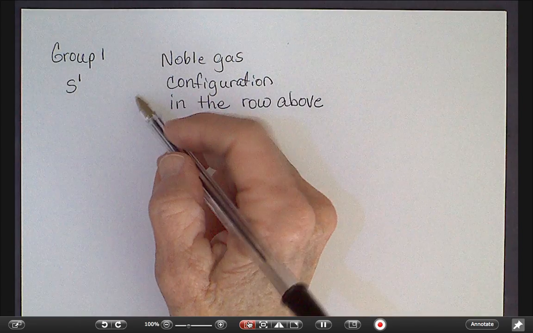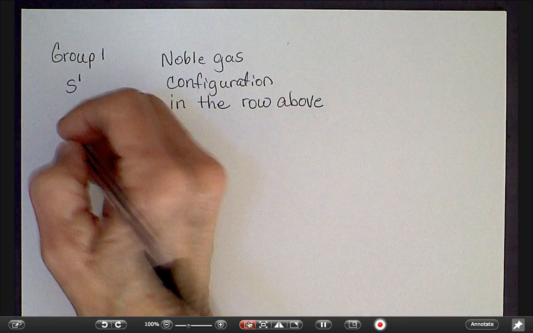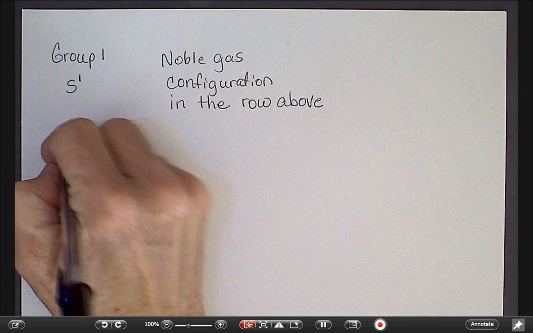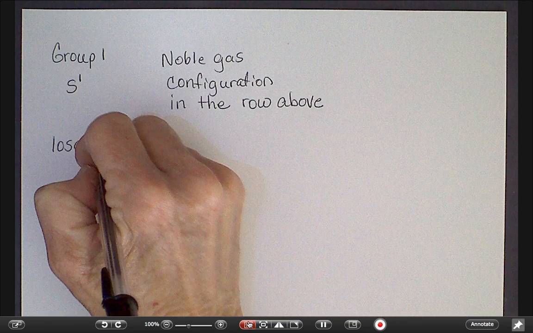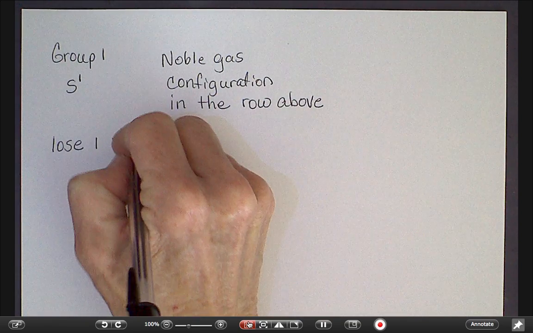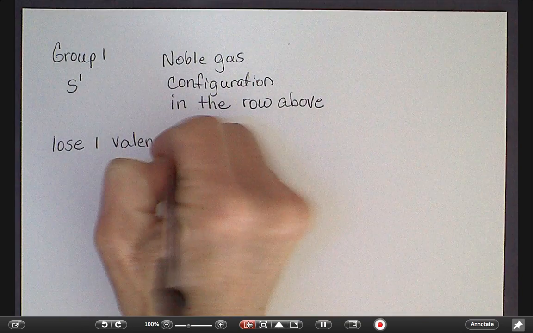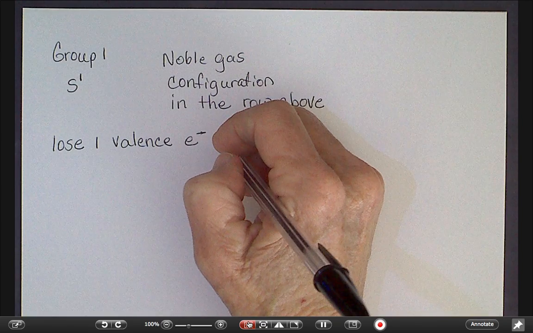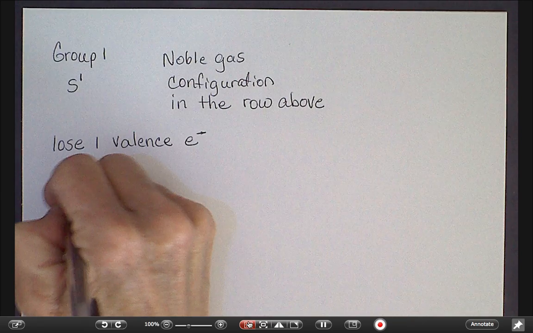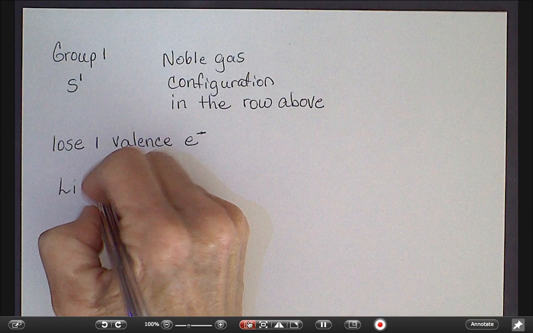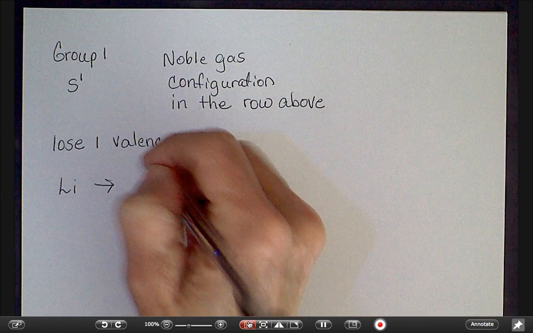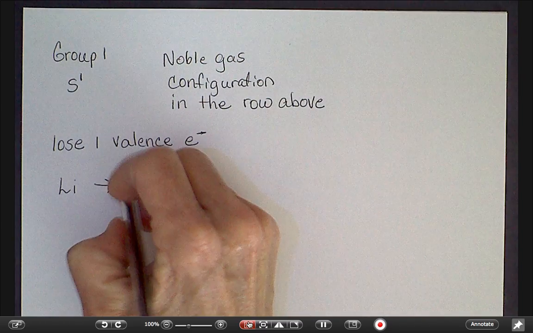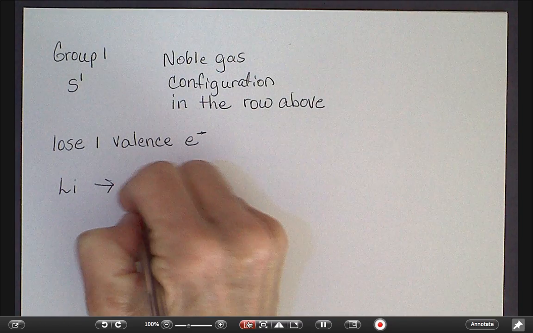So the group 1 metals lose their one valence electron, and if you look at lithium, after it loses its one valence electron, it will have the noble gas configuration of helium.